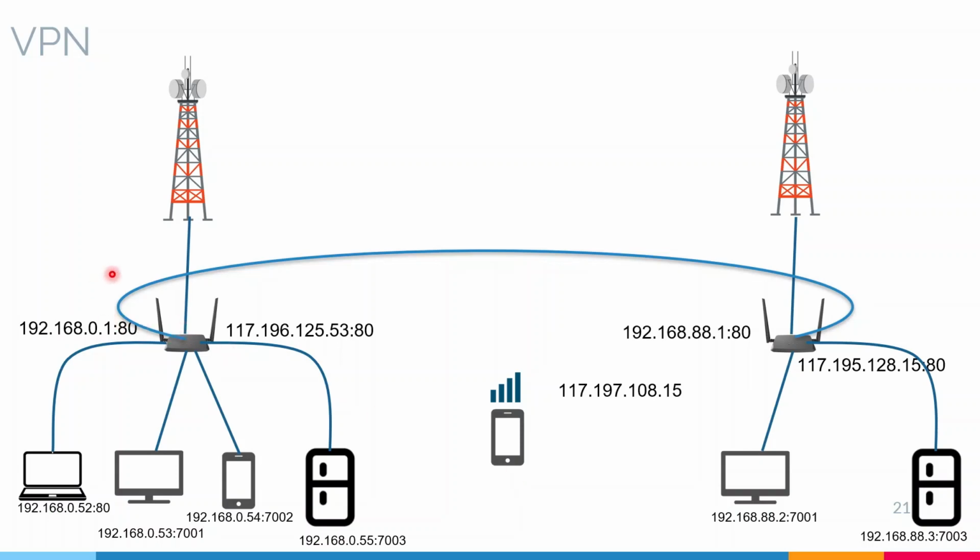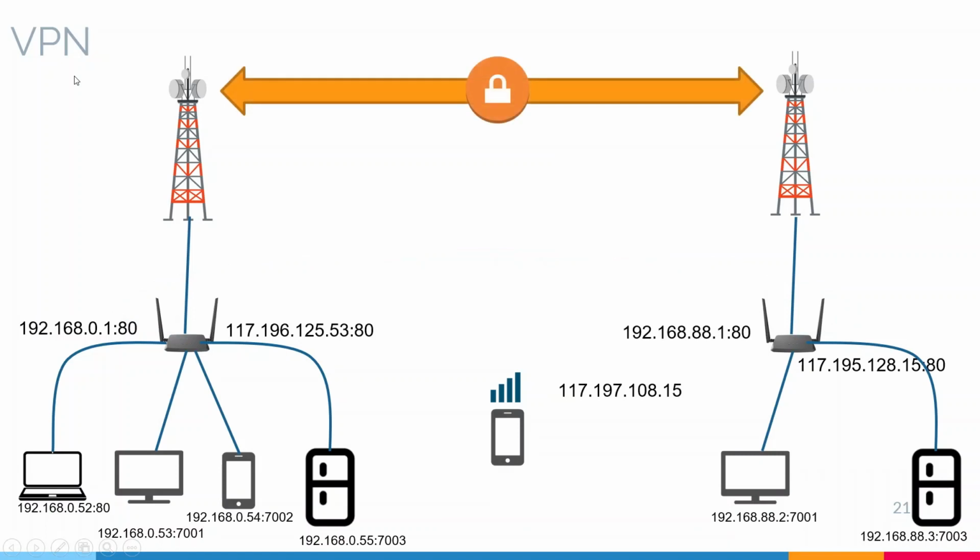So since having this private cable, with the help of which we were able to create a private network, is not feasible, what we can do is use the existing ISP service, which means we can use the internet and create something virtually, and that creates a virtual private network.